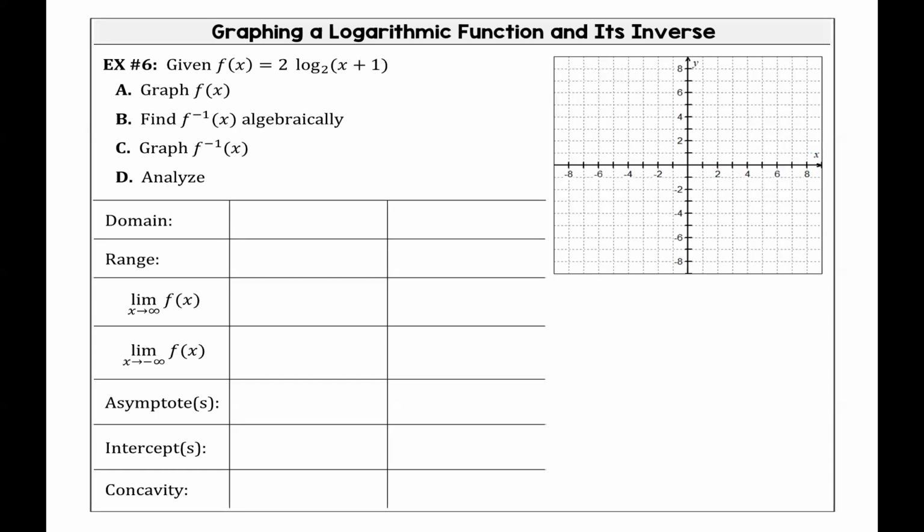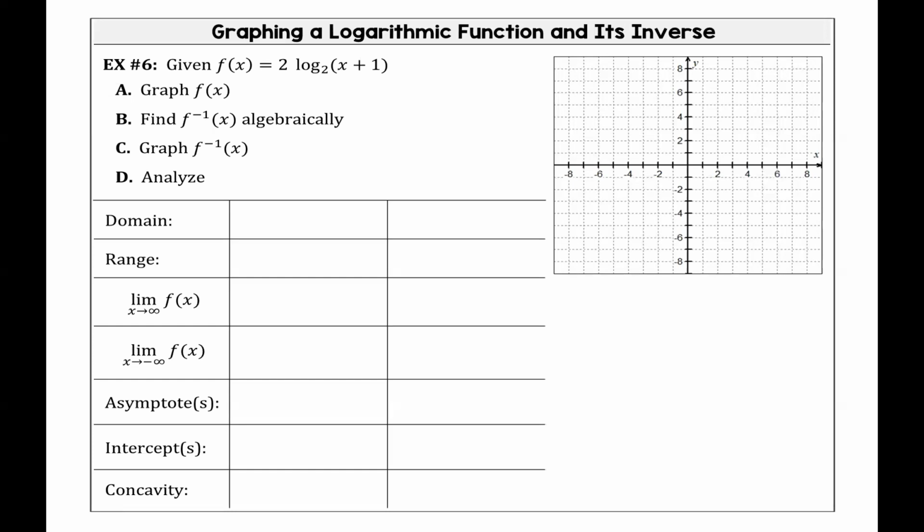How am I shifting? Vertically stretched by 2. That means for all of my y values of my parent function, they are being multiplied by 2. Agree? And then x is going to the left 1 unit. So we're taking all of our points, shifting them left, and then stretching them.